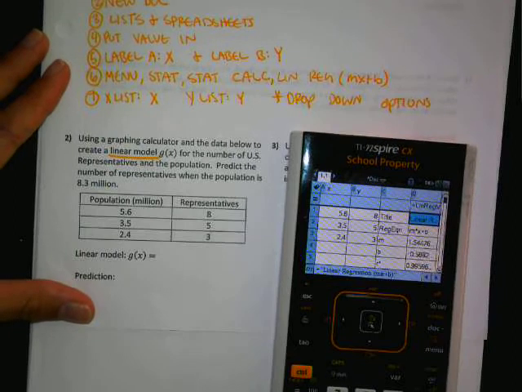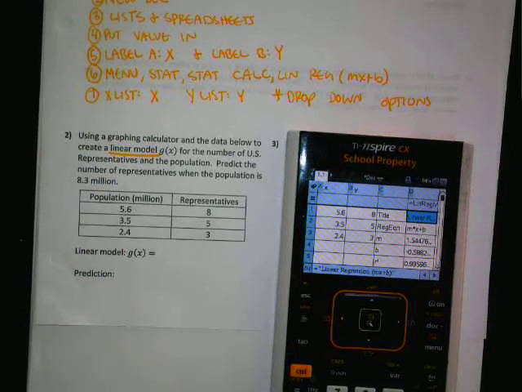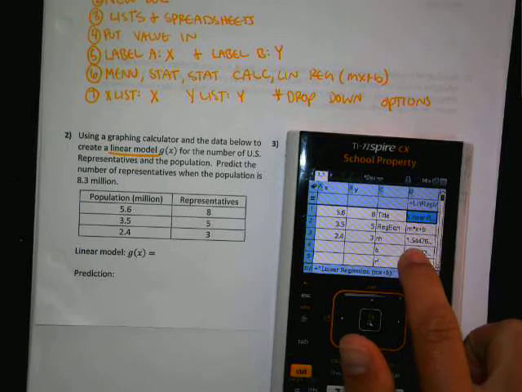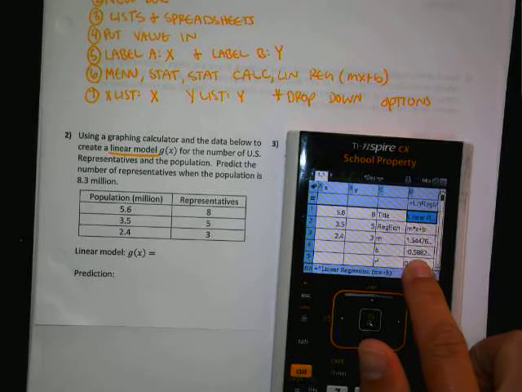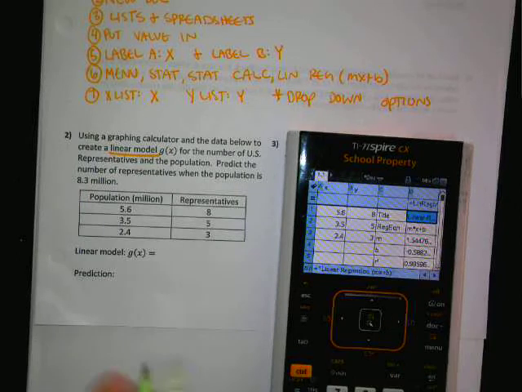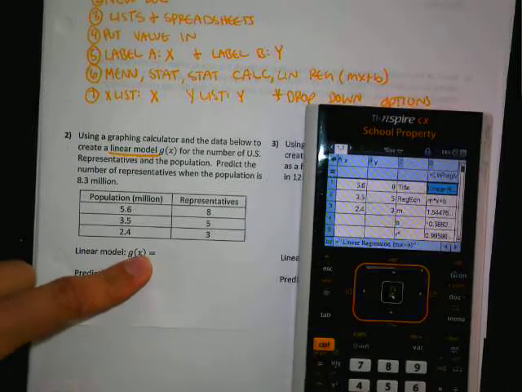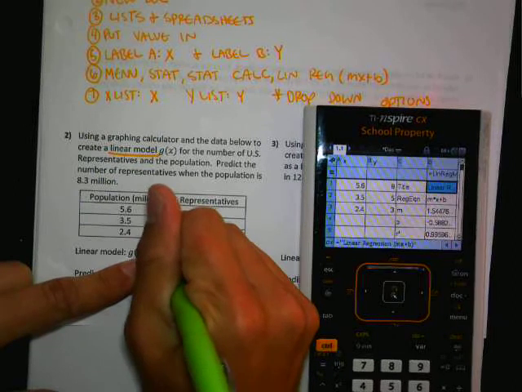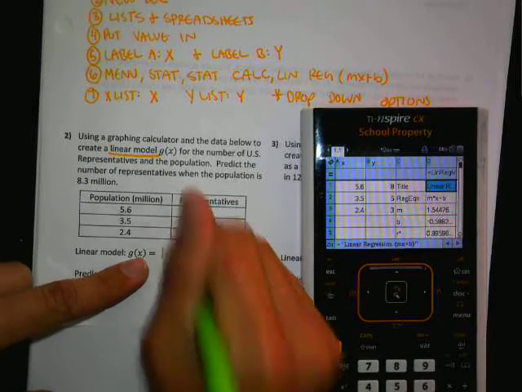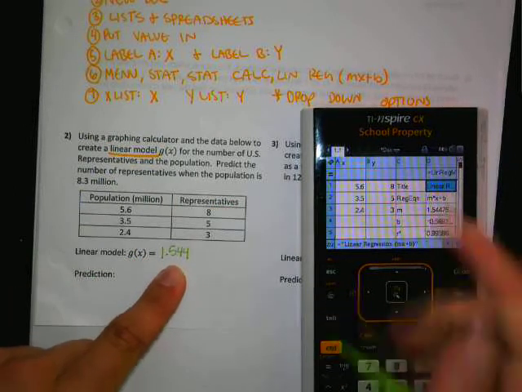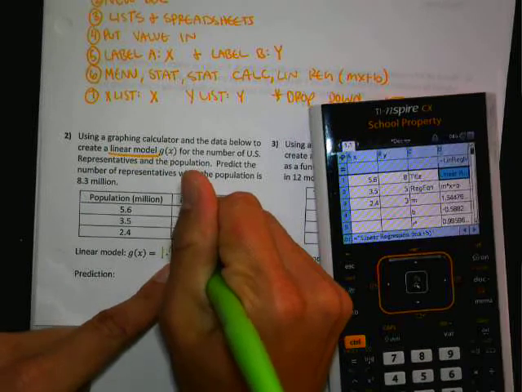And so to write the linear model, it tells you what your M is and it tells you what your B is. Right here. So for the linear model here, 1.544, because that's your M, times X or P or whatever you want to do.